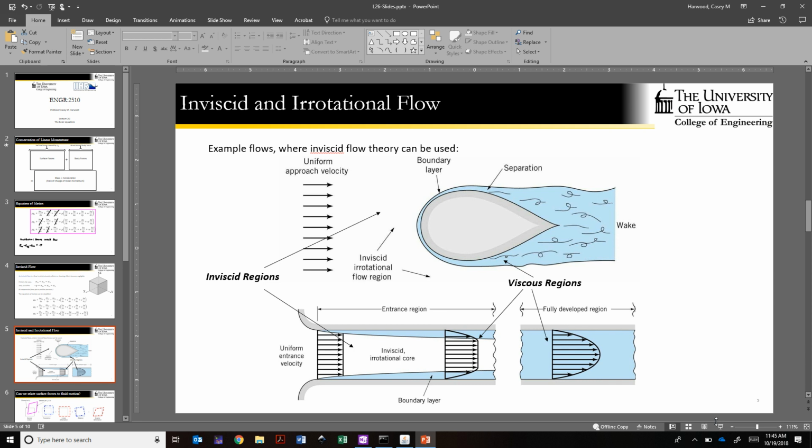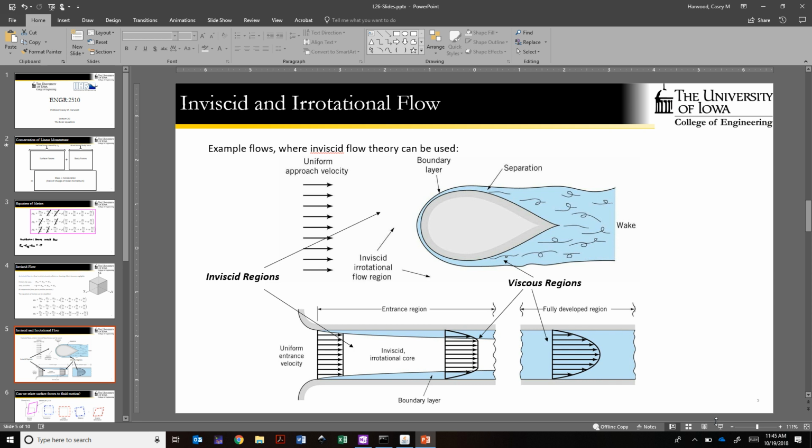Upstream of this thing, if we assume we have a current flowing in, there are no velocity gradients present there. And because of that, there are no shear stresses. It's not until you hit the body and you end up with the no-slip condition, where the fluid sticks to the body and has to go from that constant velocity out here to 0 at the body, that you end up with this thin little region where you have velocity gradients. It's only in that thin region and downstream of it that you have to worry about the shear stresses.